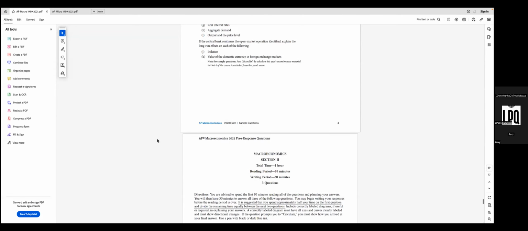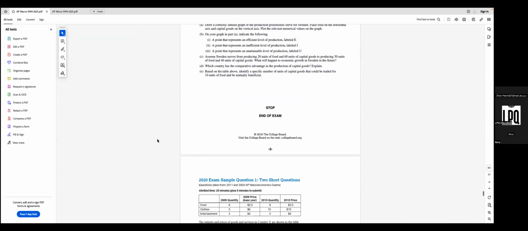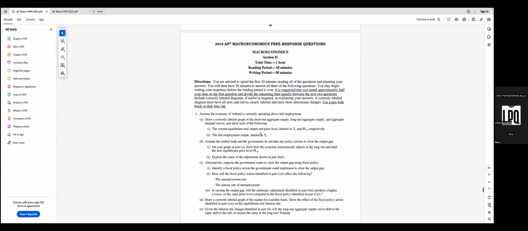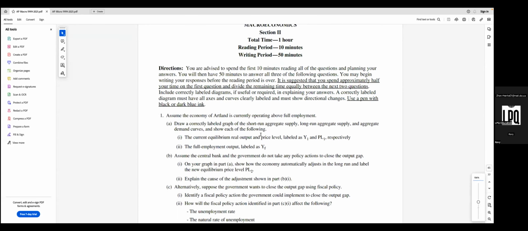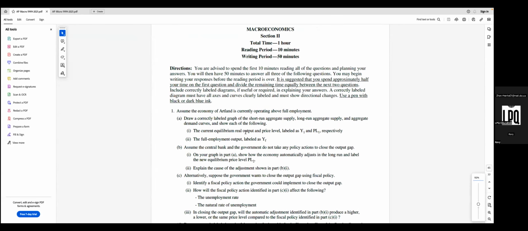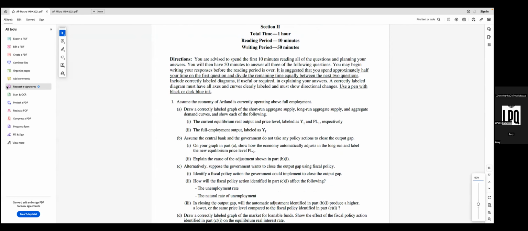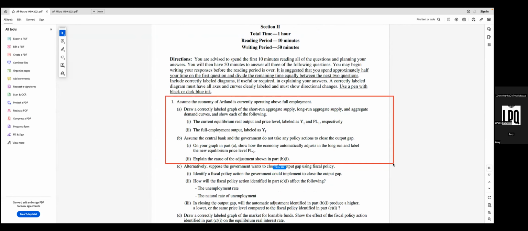The country is called Ireland, 2019. Let's just finish questions A and B here.